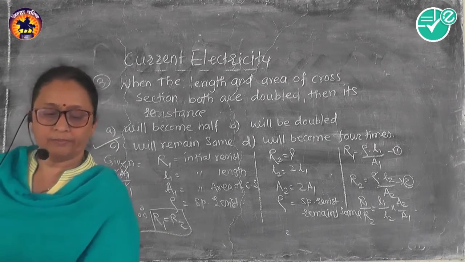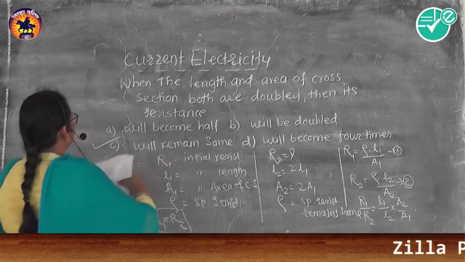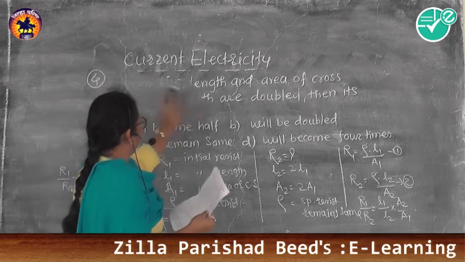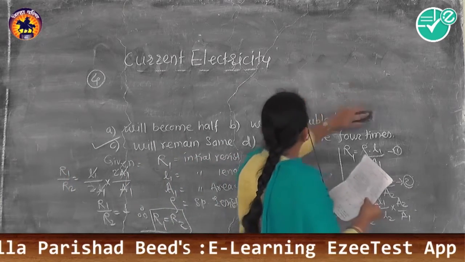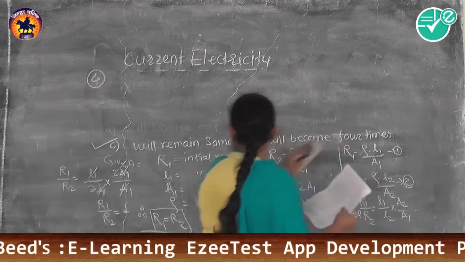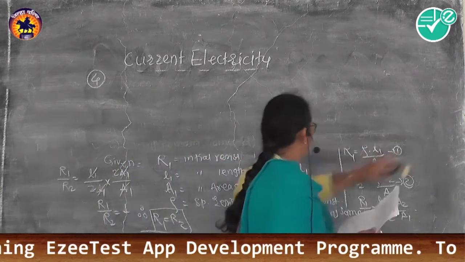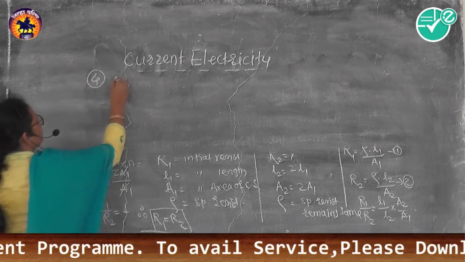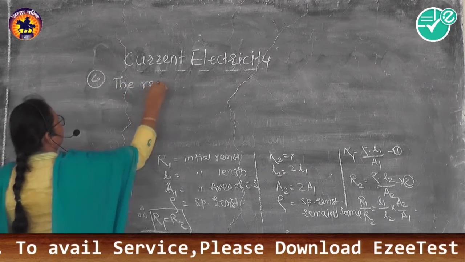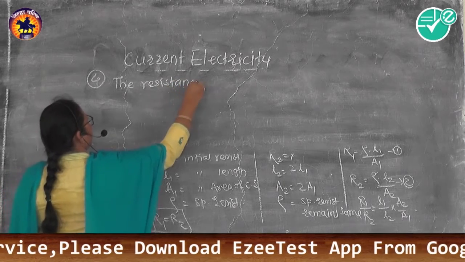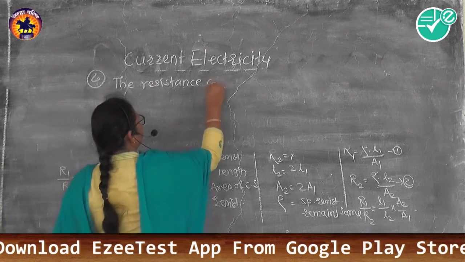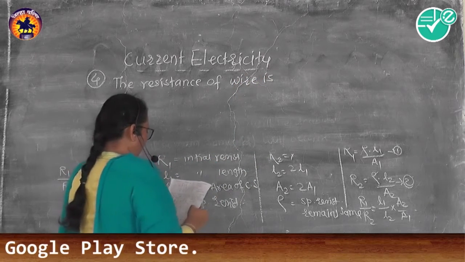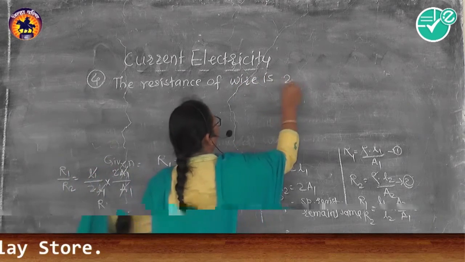Now next example, that is fourth example. Fourth example is the resistance of wire is 20 ohm.